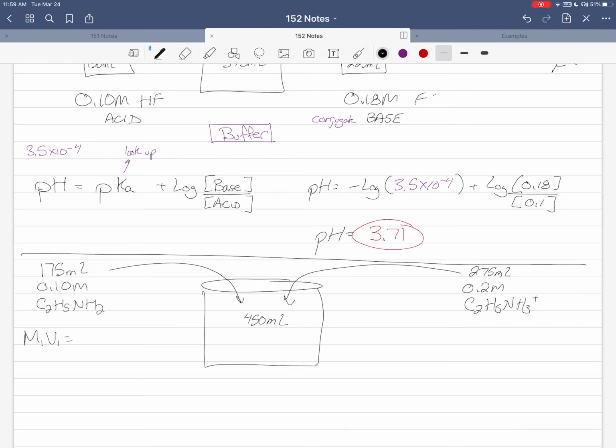Dilution: M1V1 equals M2V2. So for C2H5NH2, we have 0.1 molar times 175 milliliters, all over 450 milliliters. So M2 happens to be 0.039 molar.